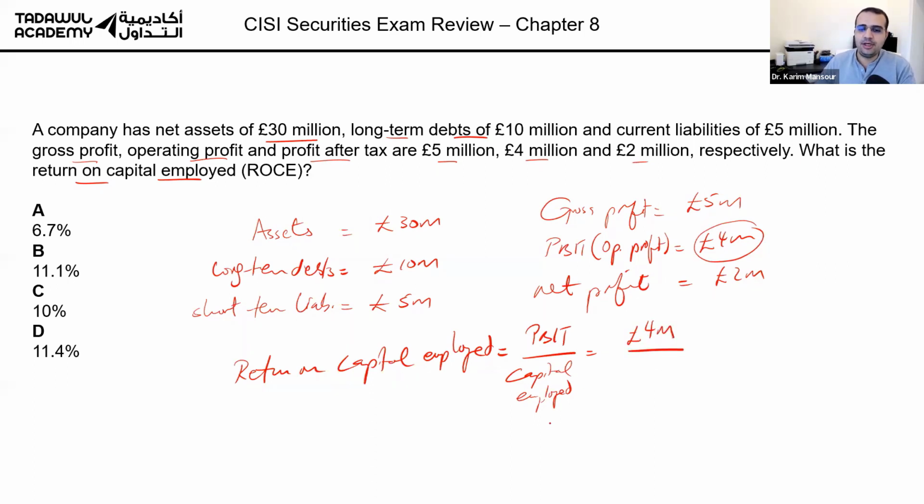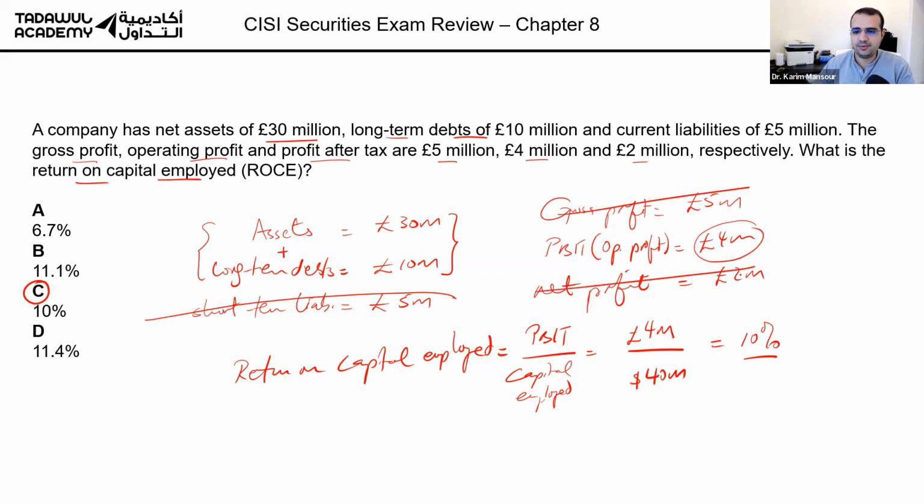And the capital employed is the assets plus the long-term debts, 40 million. So the return on capital employed is 10%. We have no need for short-term liabilities. We have no need for gross profit. We have no need for net profit. These are just useless information for this question.